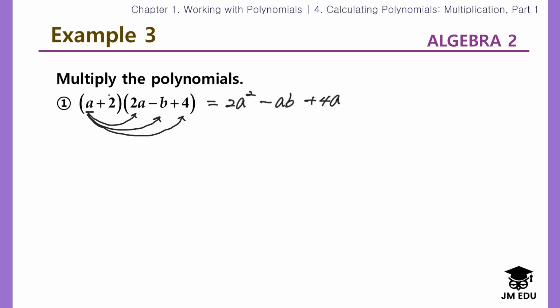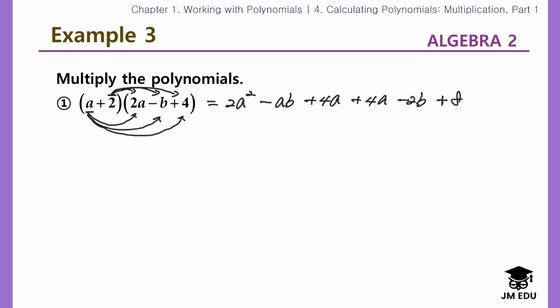Now starting from 2, 2 times 2a, that's 4a. 2 times minus b, that's minus 2b. And 2 times 4, that's 8.